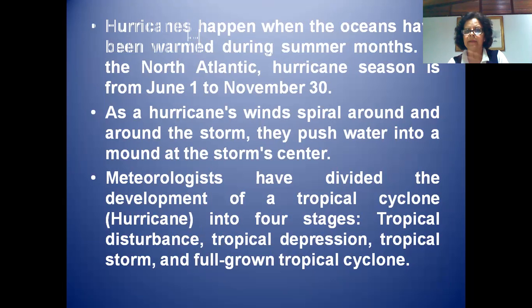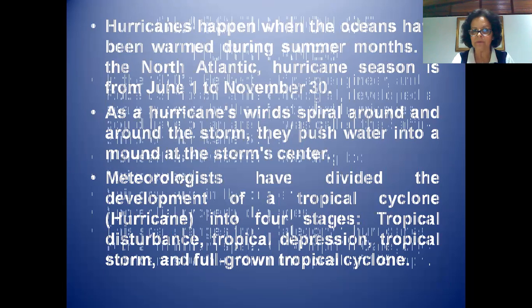In the North Atlantic, hurricane season runs from June 1st to November 30th. As hurricane winds spiral around the storm, they push water into the center of the storm. Meteorologists have divided the development of a tropical cyclone, in parentheses hurricanes, into four stages: tropical disturbance, tropical depression, tropical storm, and finally the full-grown tropical cyclone.